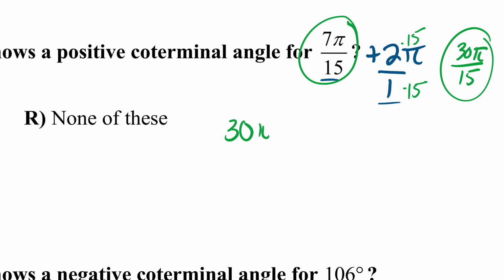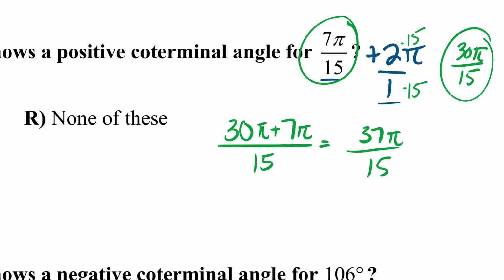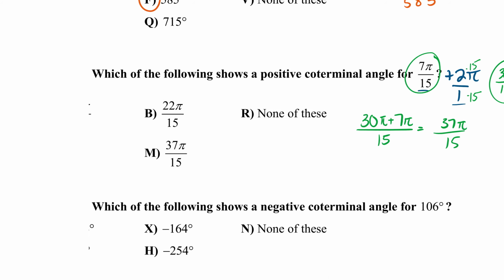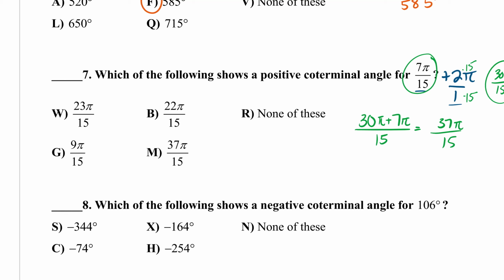So 30 pi plus 7 pi, that gives me 37 pi over 15. I can't reduce that. I'll go ahead and tell you, you won't be able to on these. So 37 over 15 gives me M, and that would be my answer for this one.